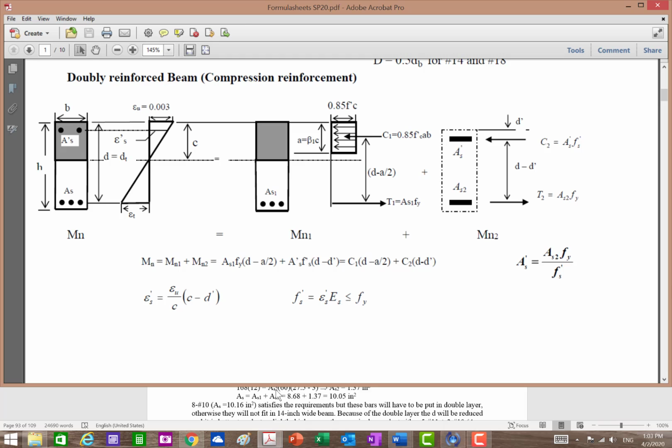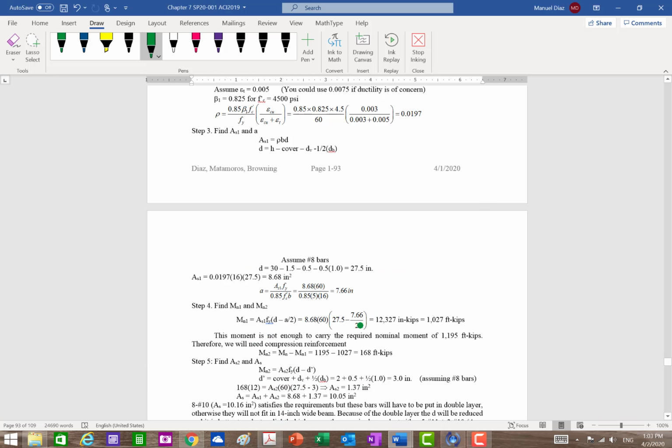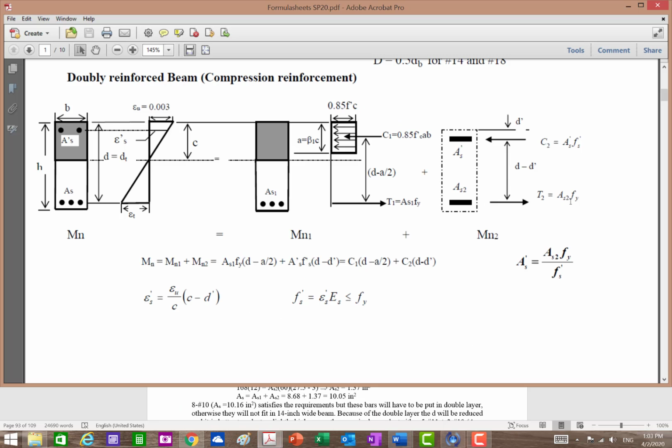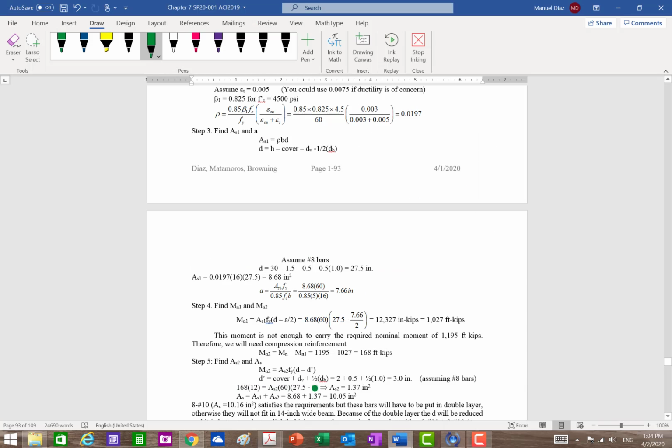So we do the difference. That gives us what we need for number 2. But this moment has to be equal to the product of AS2 fy times the arm between the two forces, which is d minus d prime. So this one times that gives you the second moment.